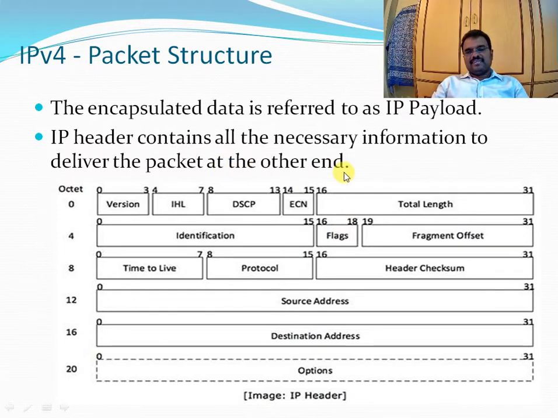It means it contains the source address, destination address, any options, the header checksum, the total length of the data, and the identification. Everything is there in this packet, and the entire thing in encapsulated form is called the IP payload.